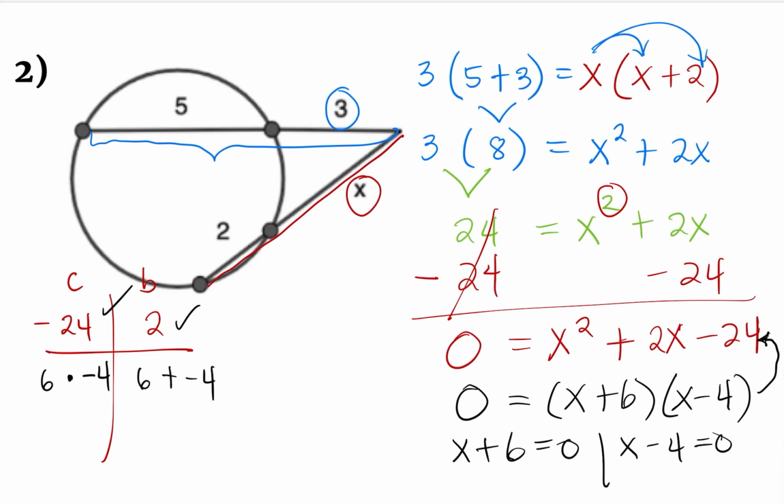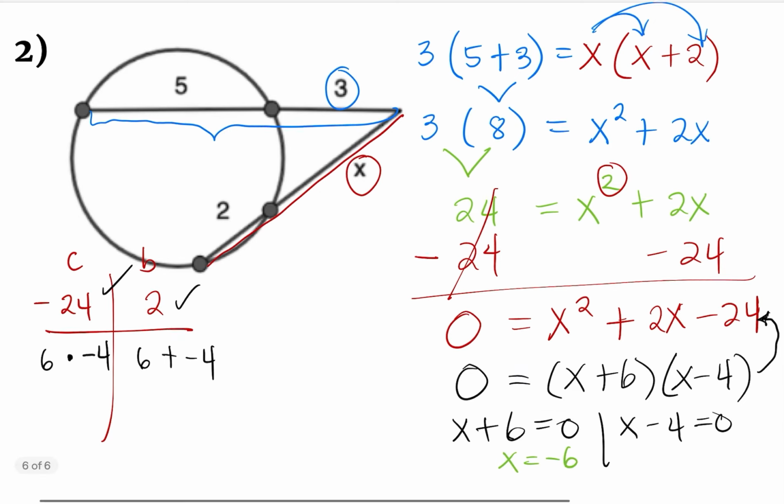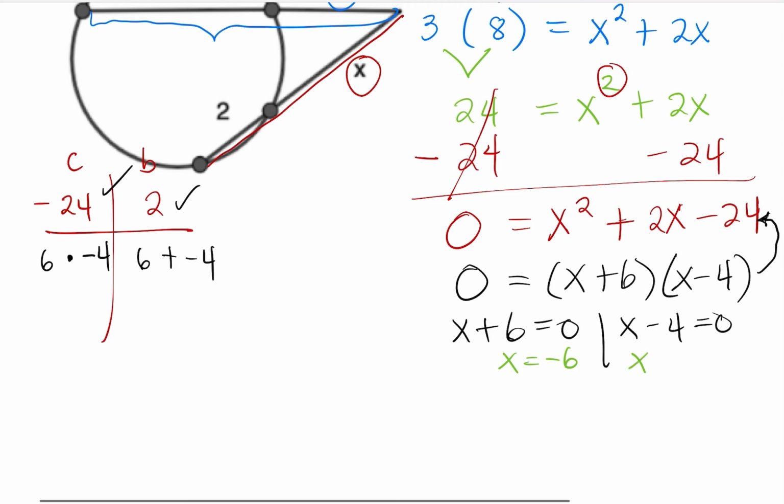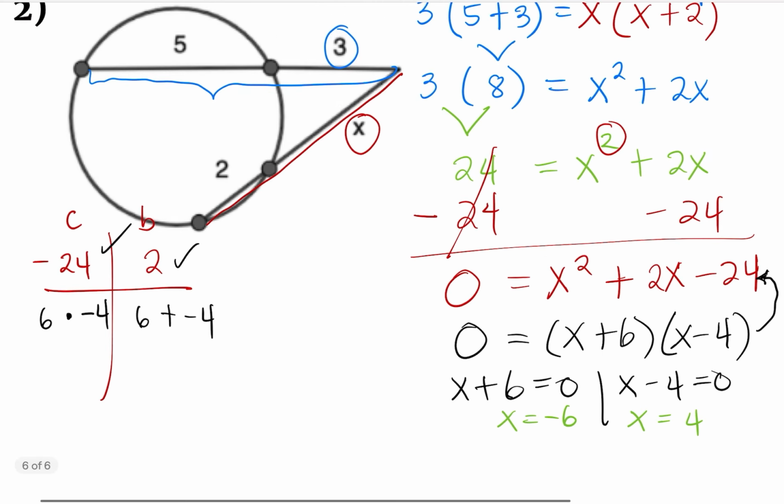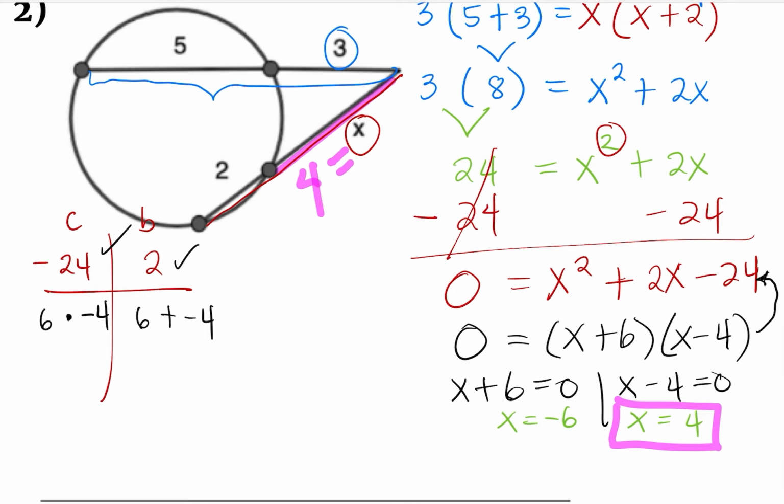And then isolated x, that would be x equals negative 6 and x equals positive 4. So remember that we are trying to find the length of this part of the figure. That's distance. So distance can never be negative, so we are going to consider the positive answer that we've got. So x is equal to positive 4.